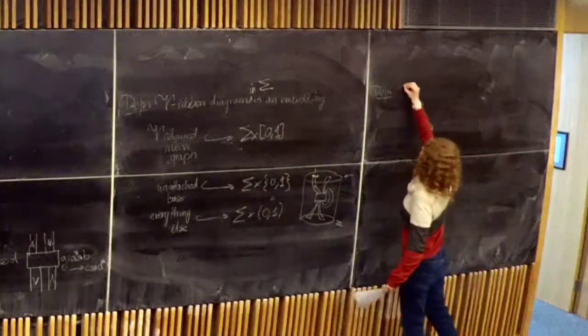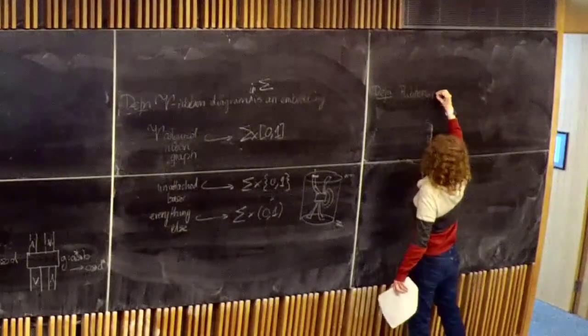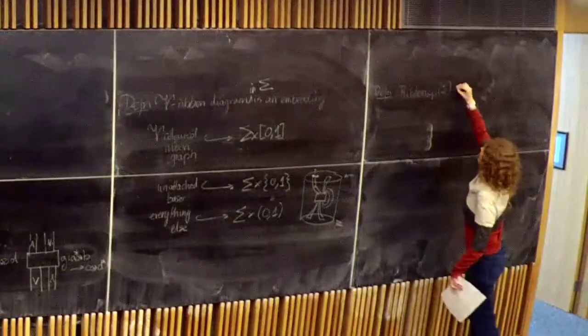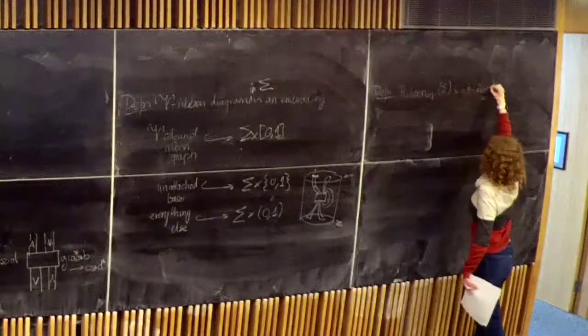Okay, so ribbon is a K-linear category, which again just means it is enriched in K-modules.